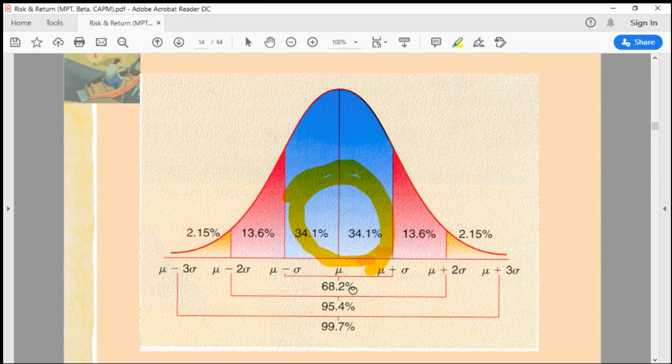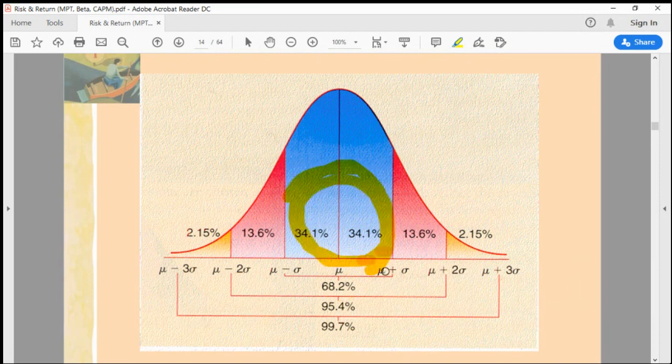So the sum of those two is 68%. So if you are like 5'11", you are one of those people who fall into this 34% probability, right? If you are 5'5", you're also in this 34% probability, right?